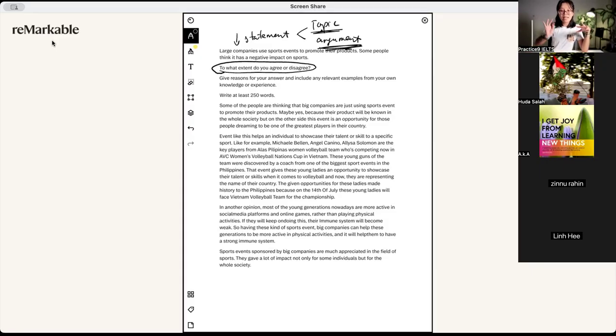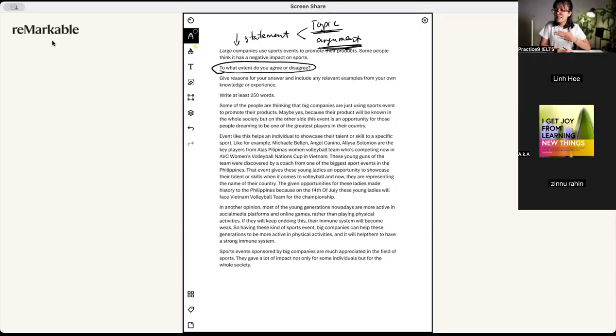Now basically in this essay, you need to give me, as an examiner, your answer whether or not you agree or disagree with the statement given over here and how much you agree with the statement. For example, in my case, I would always say that I 100% agree or 100% disagree with the statement.